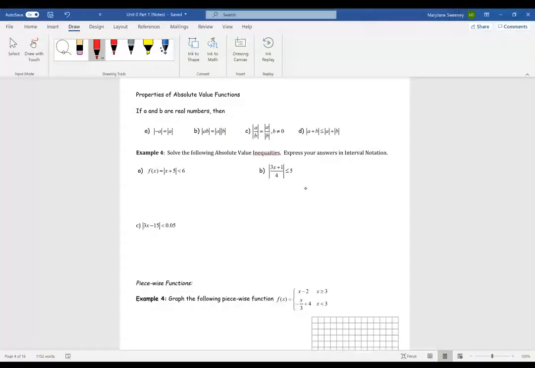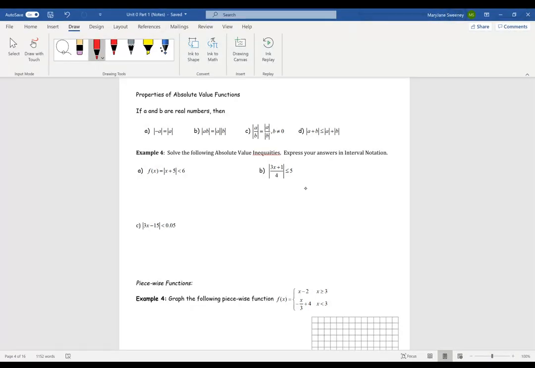The absolute value of a product is equivalent to the absolute value of each individual factor multiplied together. So you can take the absolute value of each, a and b, and then multiply those together. Same thing if you have the absolute value of a quotient, it's the absolute value of a over the absolute value of b. They obviously say b cannot be 0 because your fraction would be undefined.